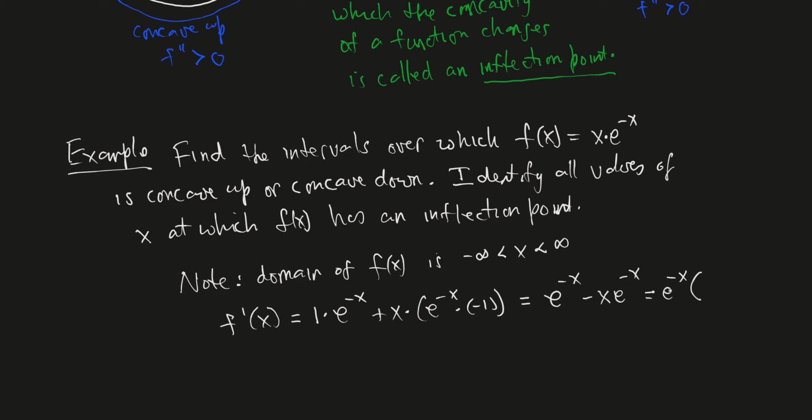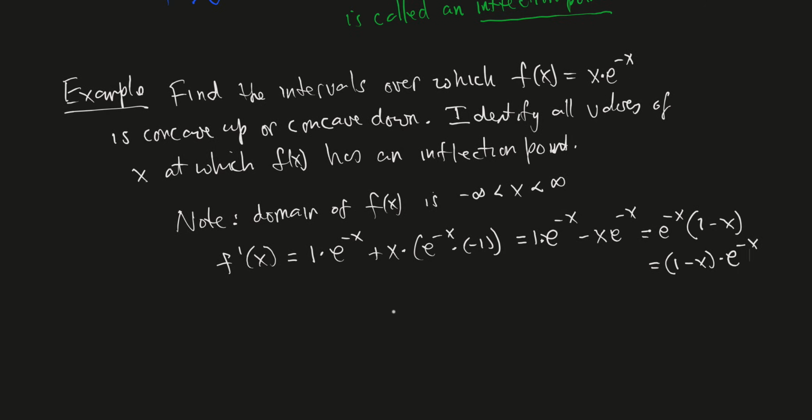When I factor out an e to the negative x, I have my 1 here, and then I have my negative x here. And if we wanted to, we could put the polynomial in front: the 1 minus x as the first factor, and then the e to the negative x as the second factor.